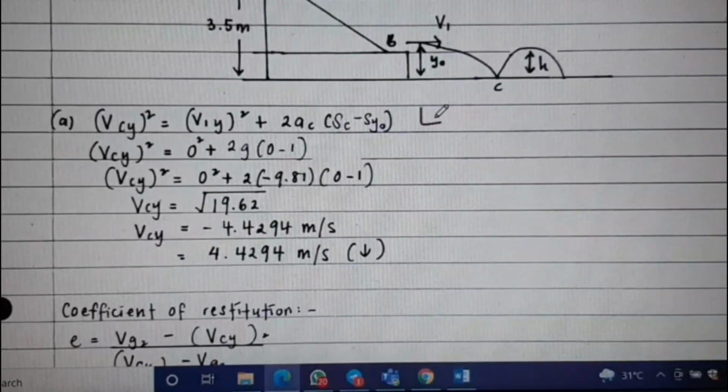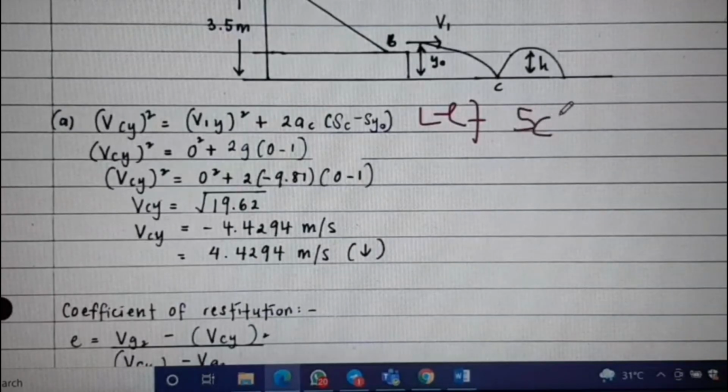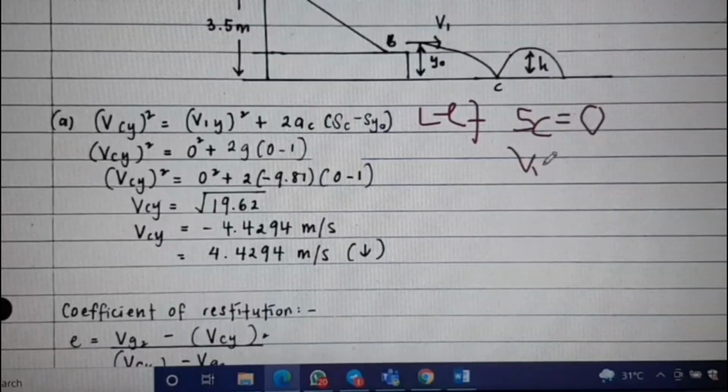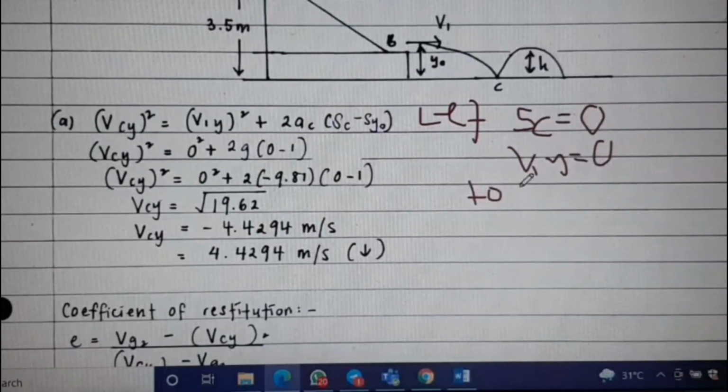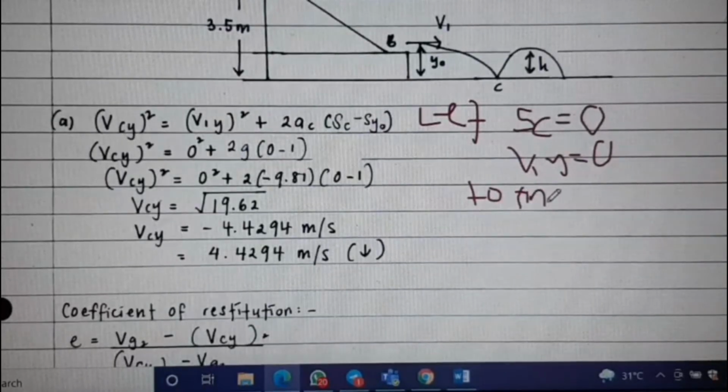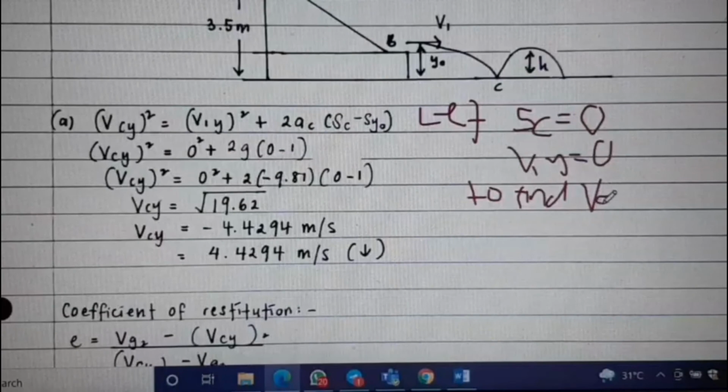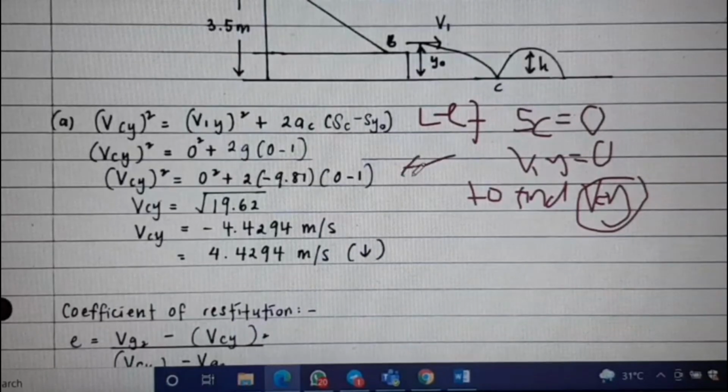We let sc equal to 0 and v1y equal to 0 to find vcy. Then substitute the values into the equation.